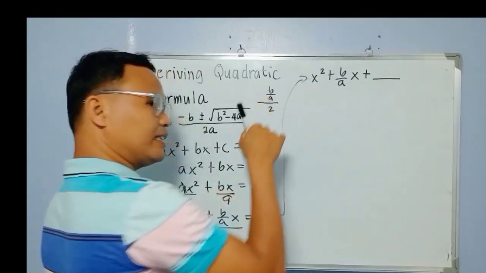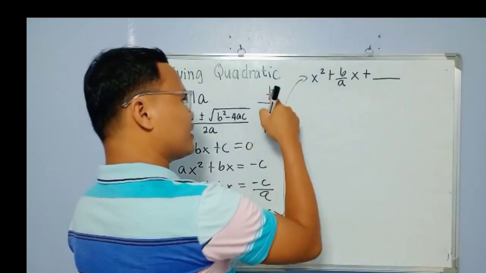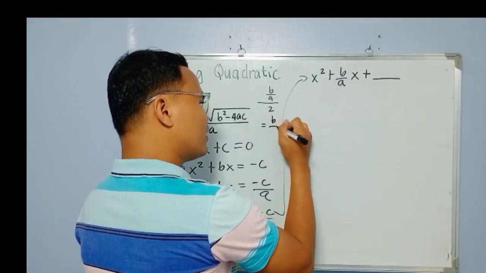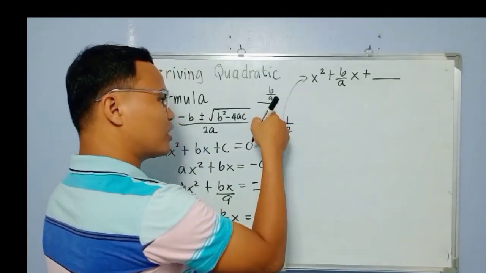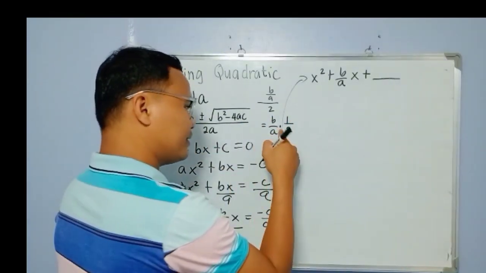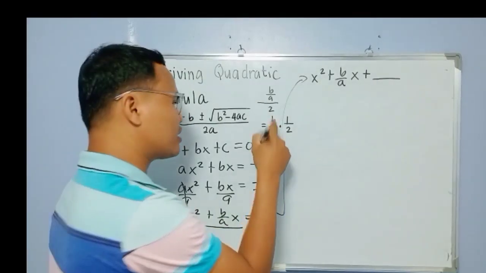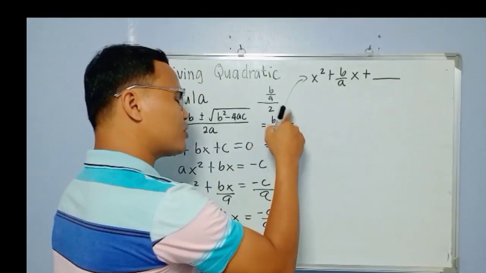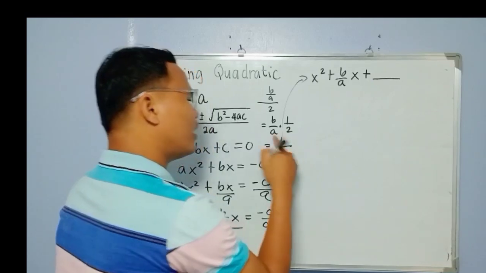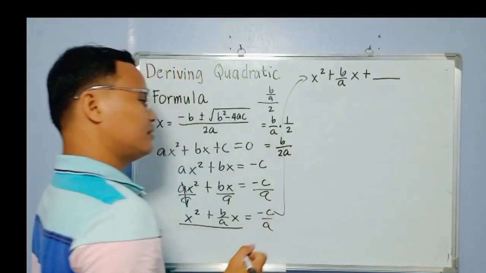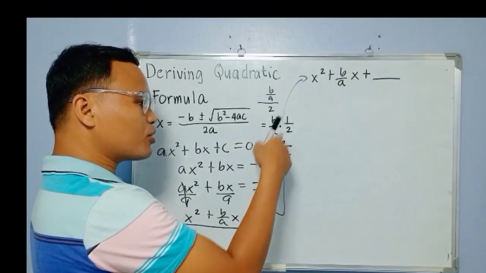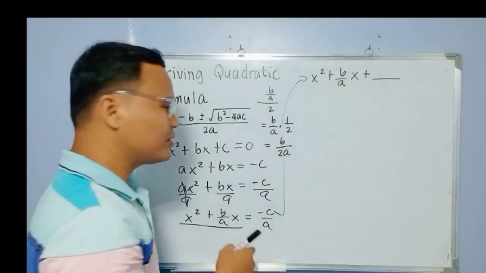In division of fractions, this will become b over a times 1/2, the reciprocal of our divisor, and the operation changes to multiplication. Then numerator times numerator is b, over denominator times denominator, that's 2a. This is the quotient when we divide b over a by 2.